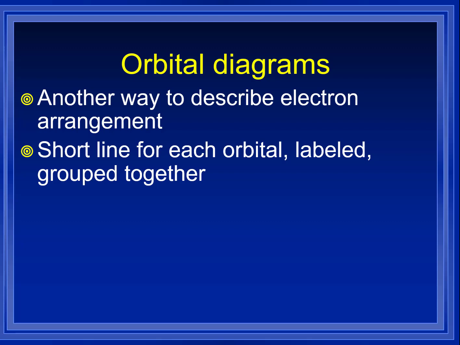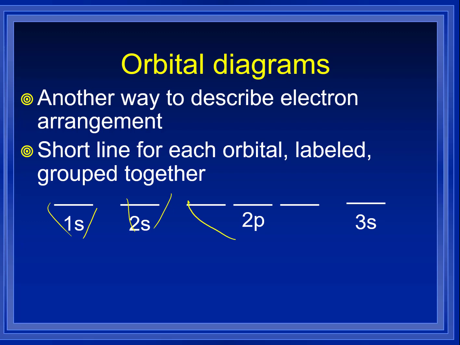S's get 1 line, P's get 3 lines, D's get 5 lines, F's get 7 lines. And you group them together. So I've got 1s, I've got 2s, 2p gets 3 lines, then 3s, so it's the same order.